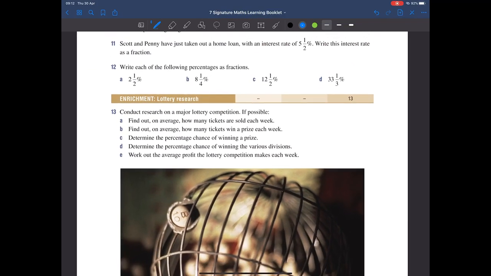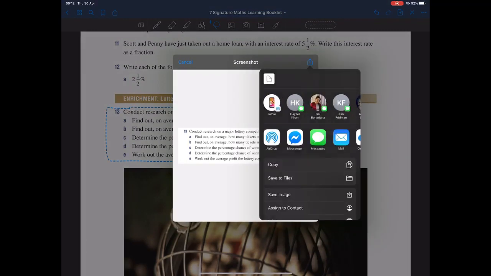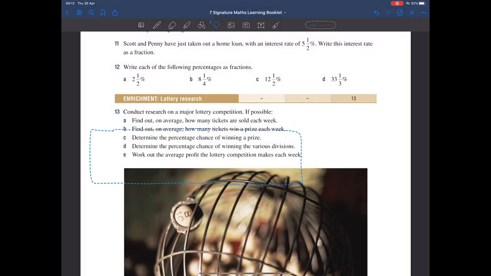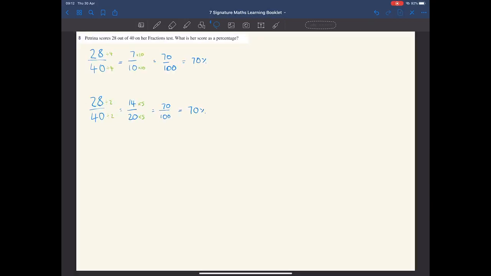Oh, wow. The enrichment. Okay. Well, I haven't personally done this one, so we'll do it all together. Take a screenshot. Copy.